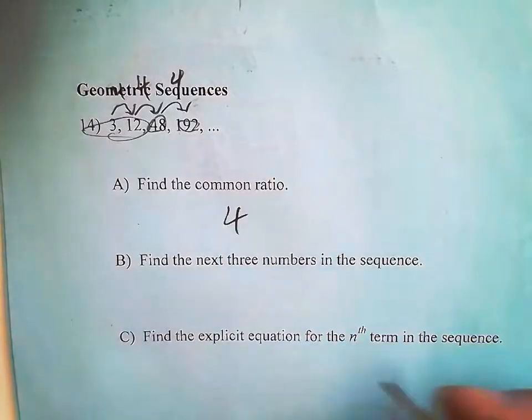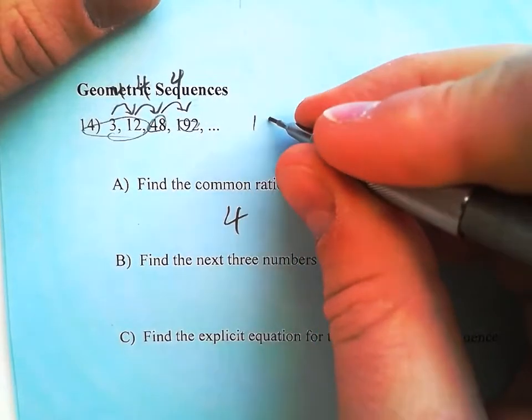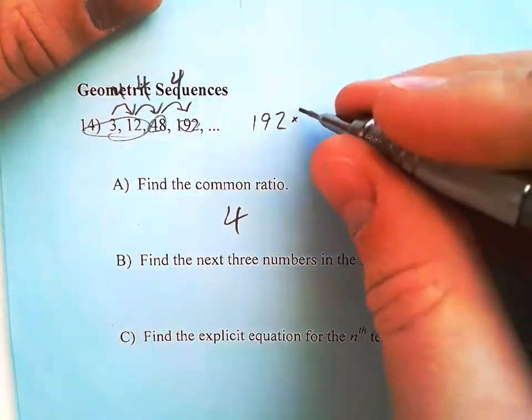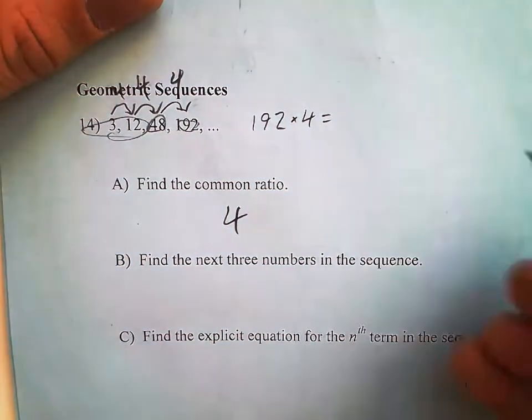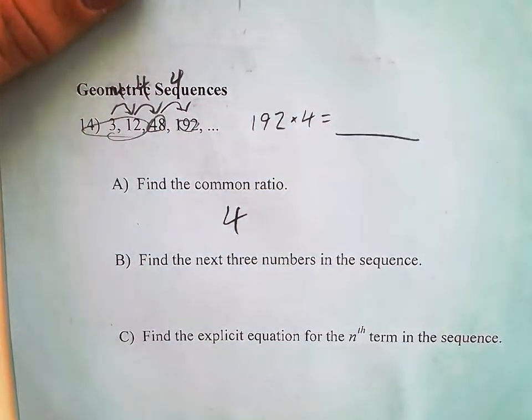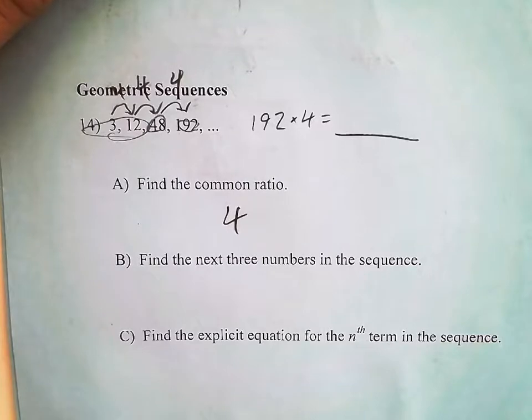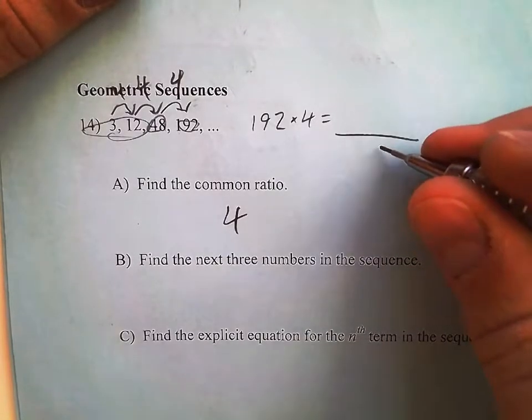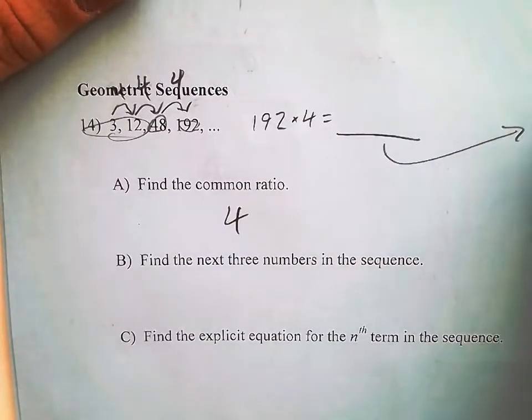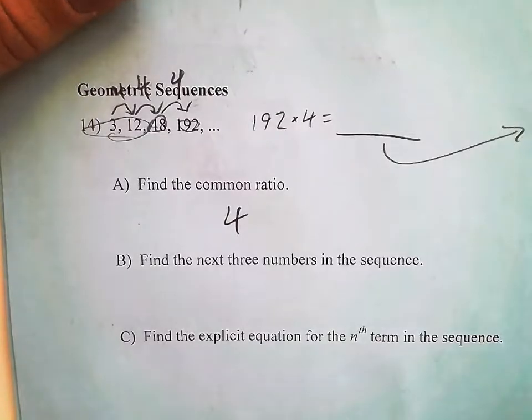So the next one is going to be 192 times 4, which is, I've got to grab my calculator. One second. 192 times 4. And then we're going to take that and multiply by 4 to get the next one.